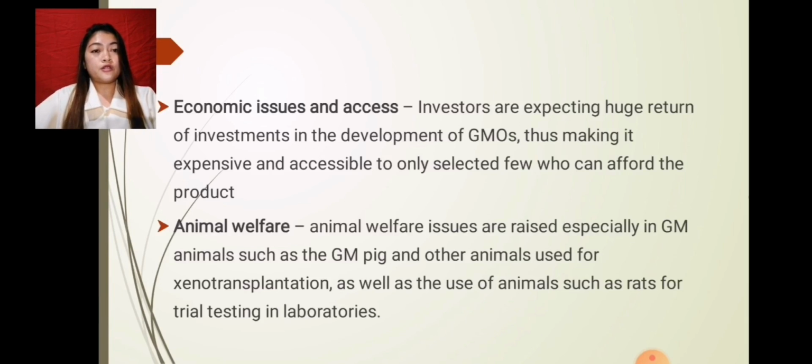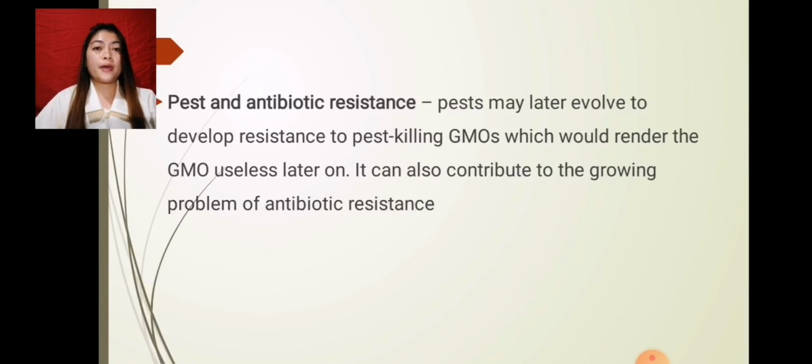Animal welfare issues are raised especially for GM animals such as the GM pig and other animals used for xenotransplantation, as well as the use of animals such as rats for trial testing in laboratories. Pest and antibiotic resistance. Pests may later evolve to develop resistance to pest-killing GMOs, which would render the GMO useless later on. It can also contribute to the growing problem of antibiotic resistance.